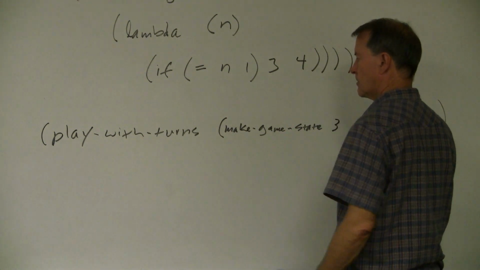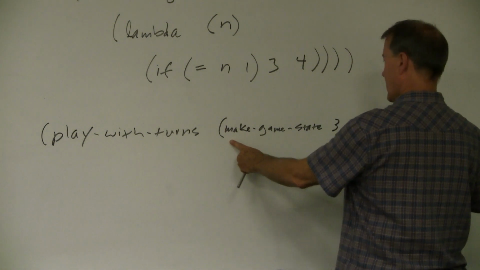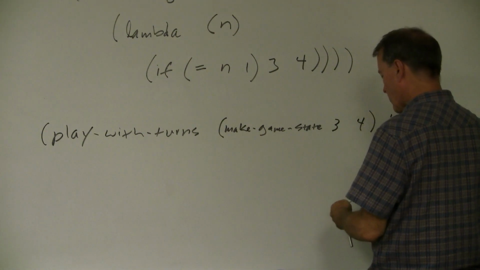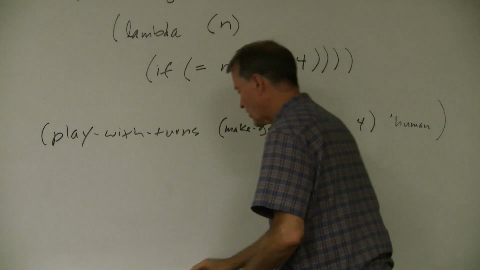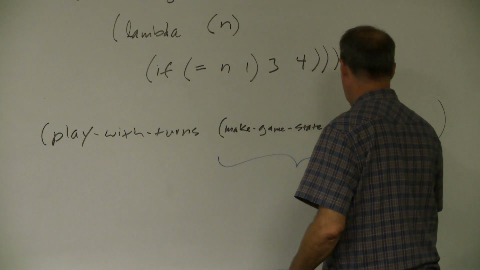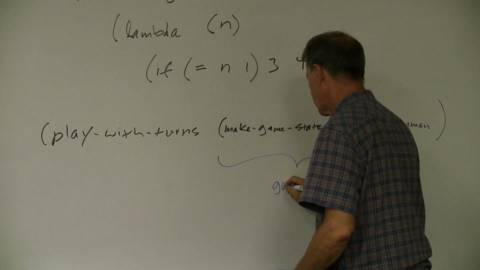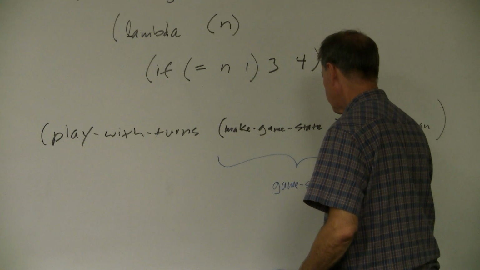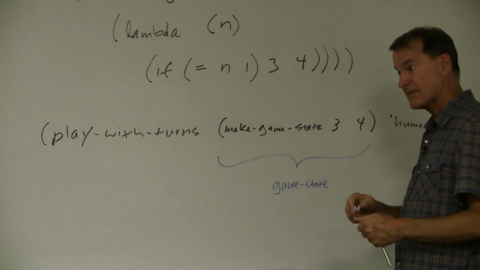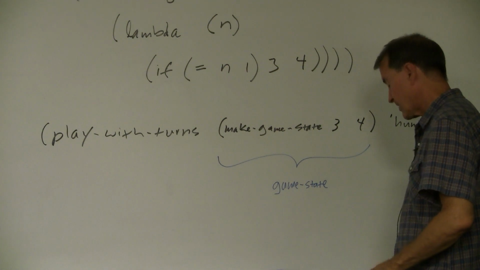Oh, sorry, is game state. Yes. I see. The formal parameter. That's a good point. So if you look at the code for play with turns, this one is game state. That's what you're saying, right? Yes, that's a good observation. That might clarify.